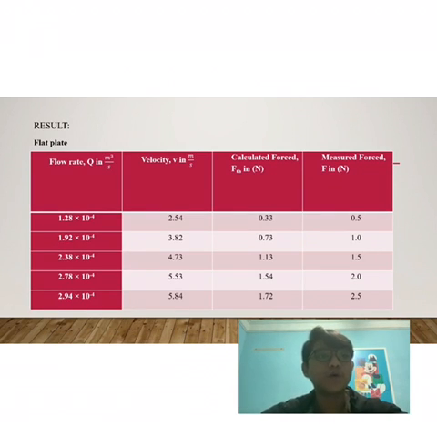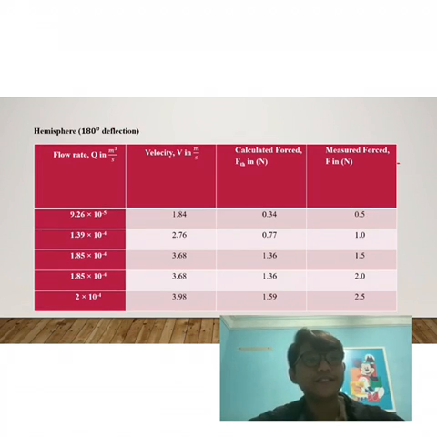And for sample 1, the flow rate is 1.28 times 10 power of -4, the velocity is 2.54, the calculated force is 0.33, and the measured force is 0.5. And this is for the hemisphere result.